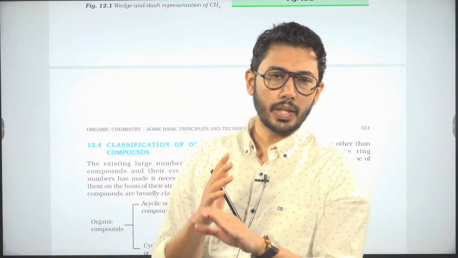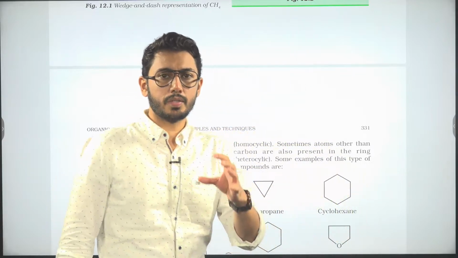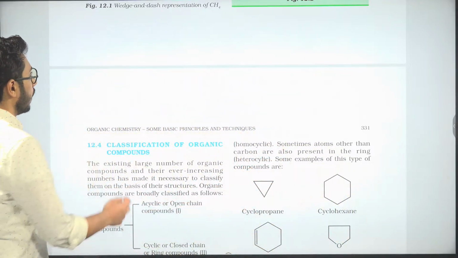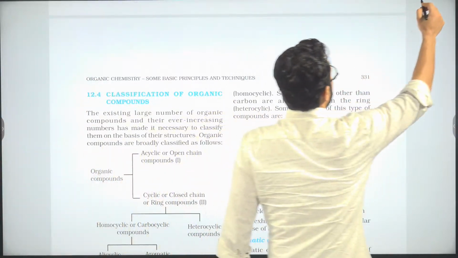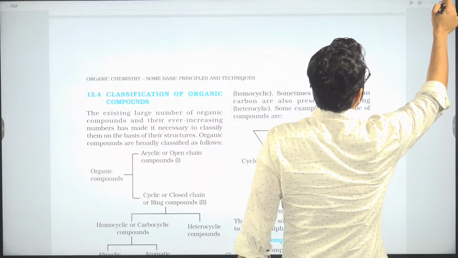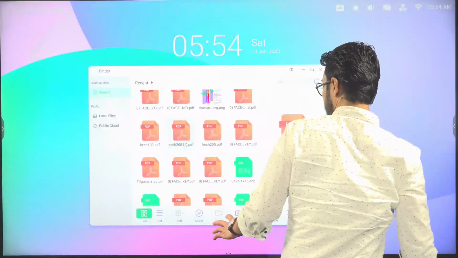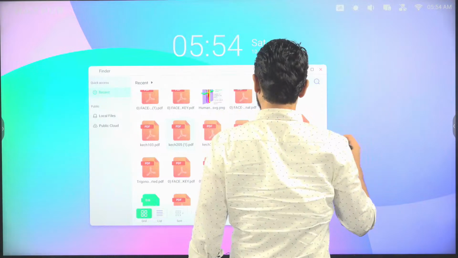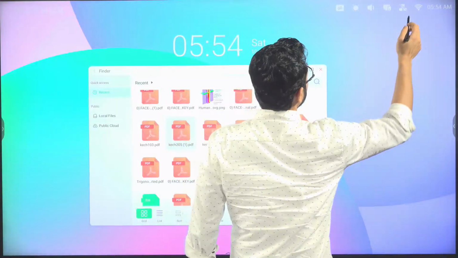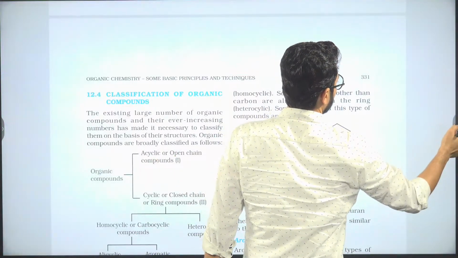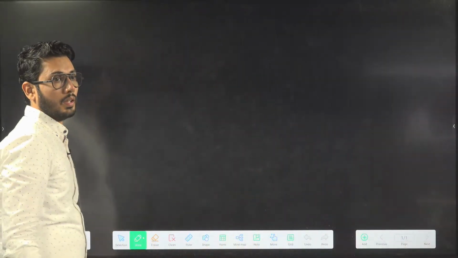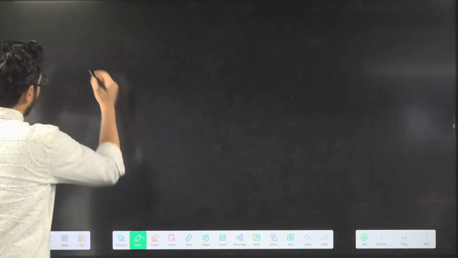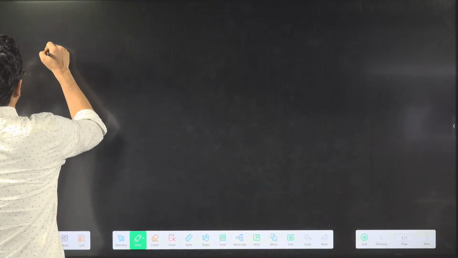Now, today in the introduction part itself, some other things we will do. Last class we did the structural representation.